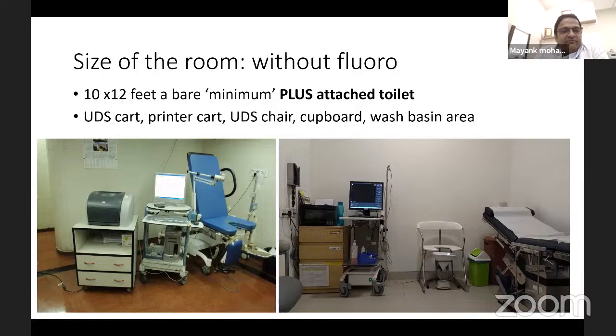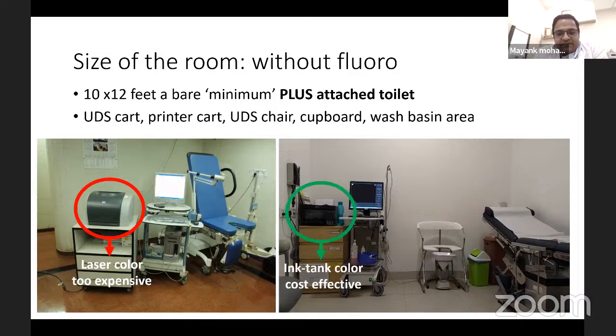And we should ideally have an attached toilet to it. You will have a UDS cart, a printer cart, a urodynamic chair. You may have a simple chair or an expensive one, a cupboard, a wash basin area. Earlier, we had a laser color printer in PGI Chandigarh and in other places like in Abu Dhabi. But now we have an ink tank color cost-effective printer.